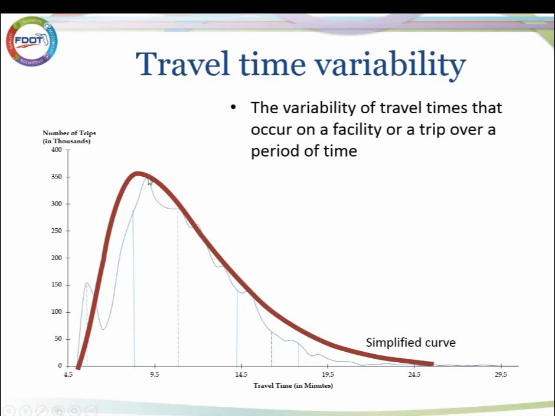The mode, or the most common time period, looks like about 9.5 minutes, and then it extends all the way out to like 20 minutes out here. So this shows the variability of travel time on a facility.